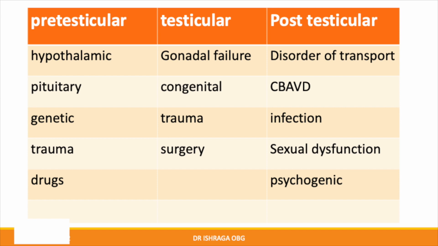Pre-testicular can be from the hypothalamus, from the pituitary, central defect. Testicular can be gonadal failure, genital problems, trauma or surgery. Post-testicular can be disorders of transport of the semen, congenital bilateral absence of vas deferens, infection, and also can be psychogenic.